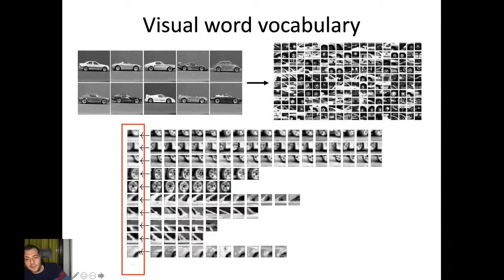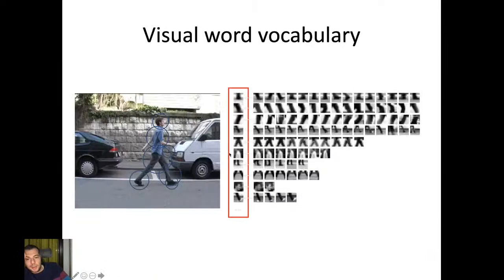So actually these centroids can be obtained through k-means clustering. And you can now represent objects in images with these visual words. So the person can be composed by a set of visual words that contains, I don't know, legs, upper body parts, and so on.